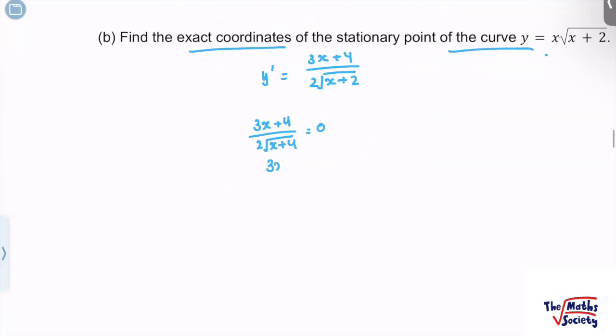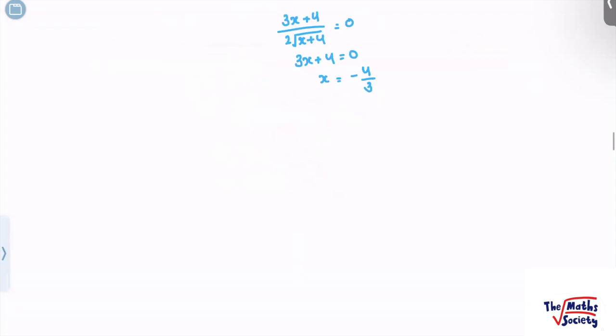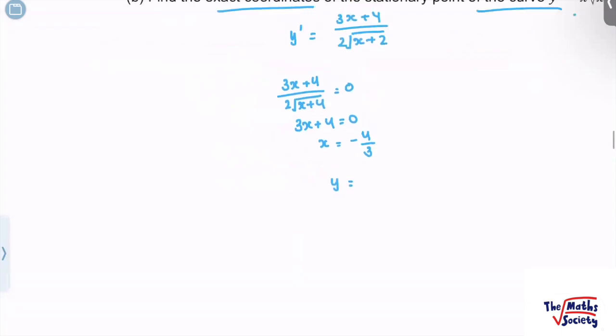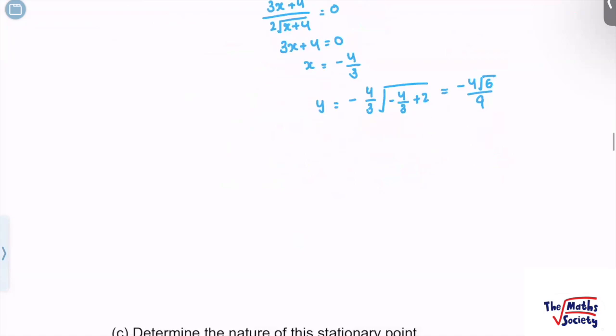We know that 3x plus 4 is just going to equal 0, so x is just going to equal minus 4 by 3. So for y, you're just going to put it in: y equals minus 4 by 3 times root of minus 4 by 3 plus 2. That's equal to minus 4 root 6 by 9. So you're going to have the coordinates as minus 4 by 3, comma minus 4 root 6 by 9. And those are your coordinates.